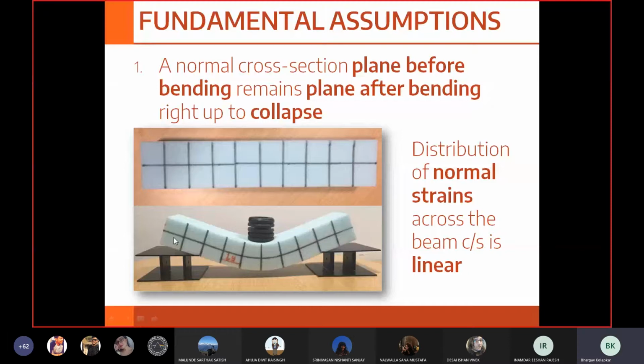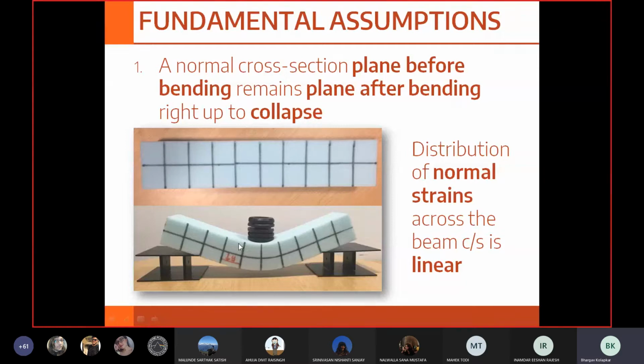Okay, so what type of stress do you expect in the material that is above the neutral axis for this loading condition? Anybody? Compression. Compressive stress, right? It is quite obvious because whatever is above the neutral axis is getting compressed.